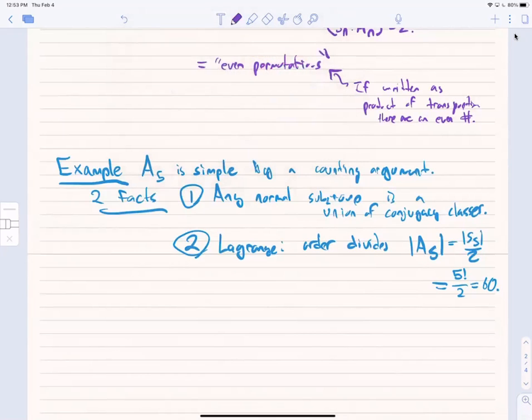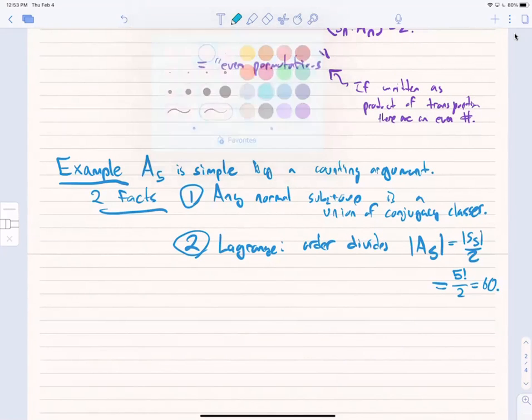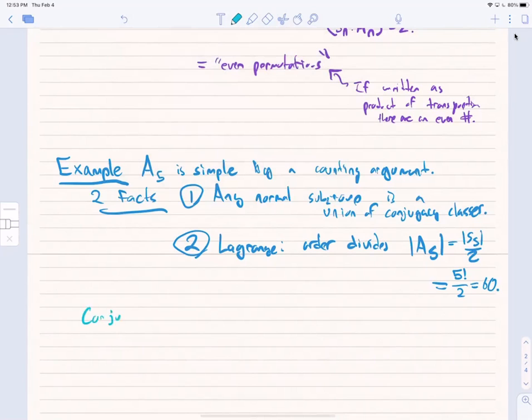I'm not going to do it completely, because related computations are in your homework. So what are the sizes?